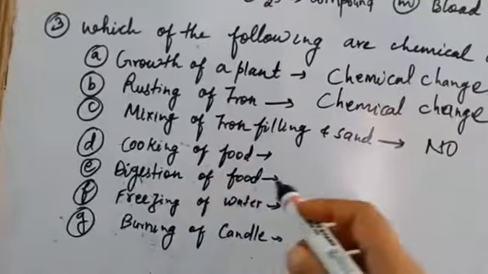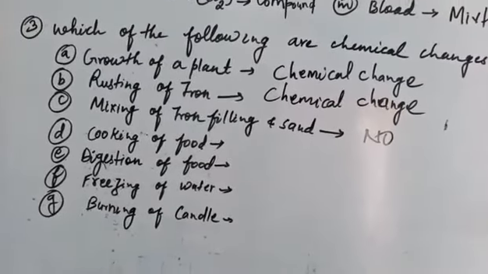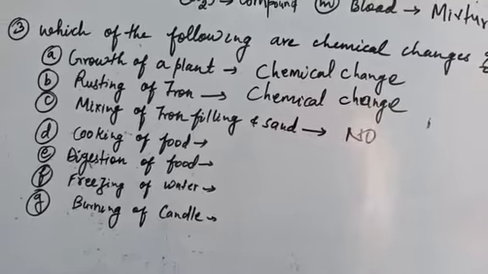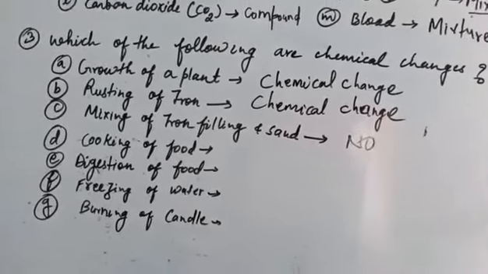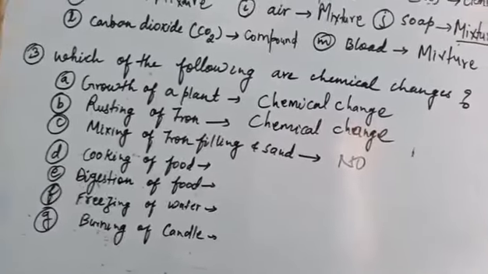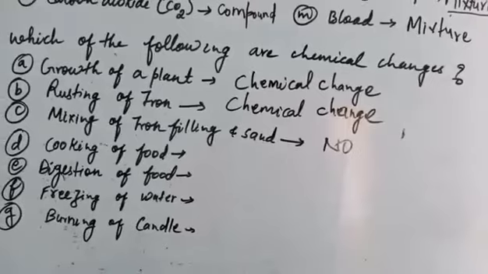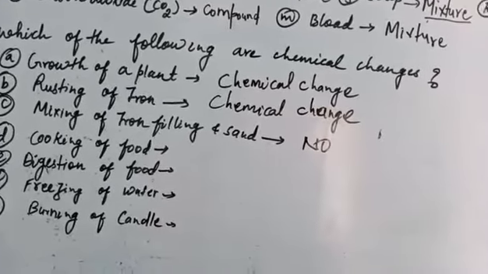Okay, now cooking of food, during cooking of food, many chemical changes you can see there, because here food is getting burnt, and when you heat anything, when you burn anything, you get a new substance. So new substance formation means what?